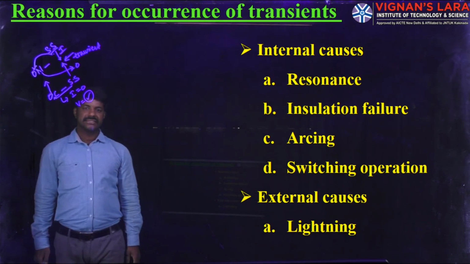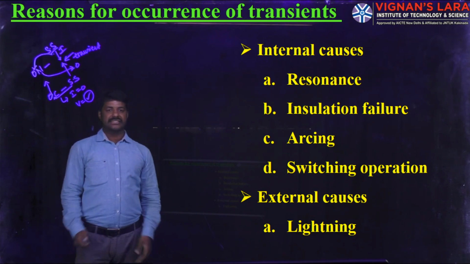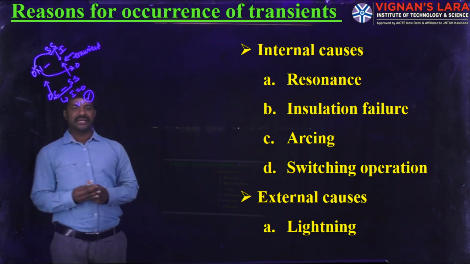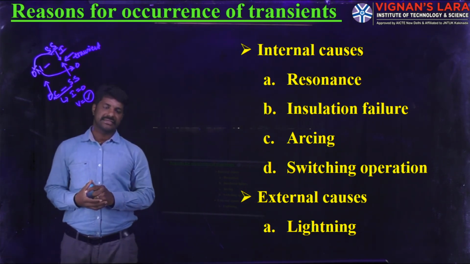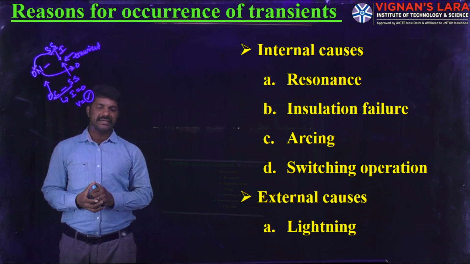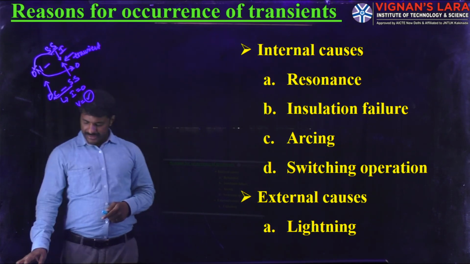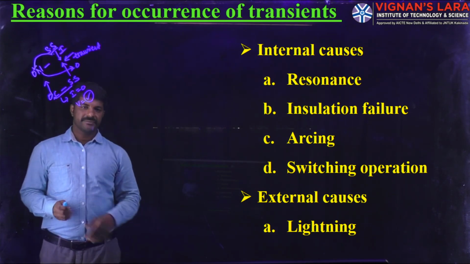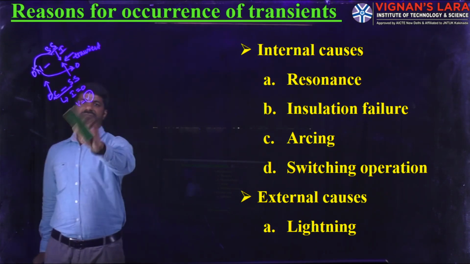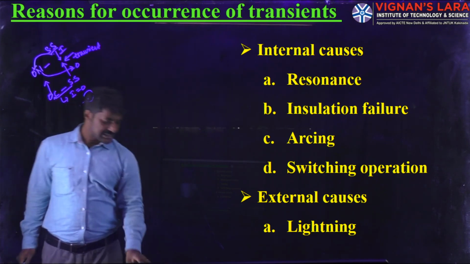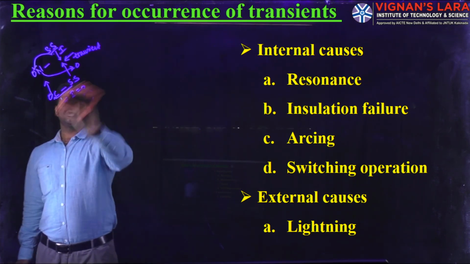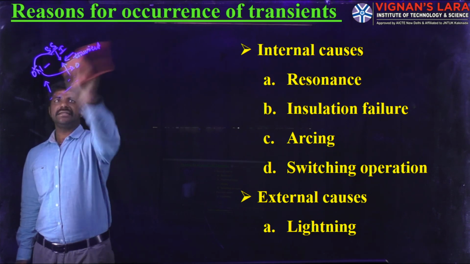The next is reasons for the occurrence of transients. In general, there are two reasons for occurrence of the transients. They are internal causes and external causes. The internal causes, if you check, are due to resonance of the circuit. In the resonance of the circuit, you know that the energy storing elements are there, called inductor and capacitor.